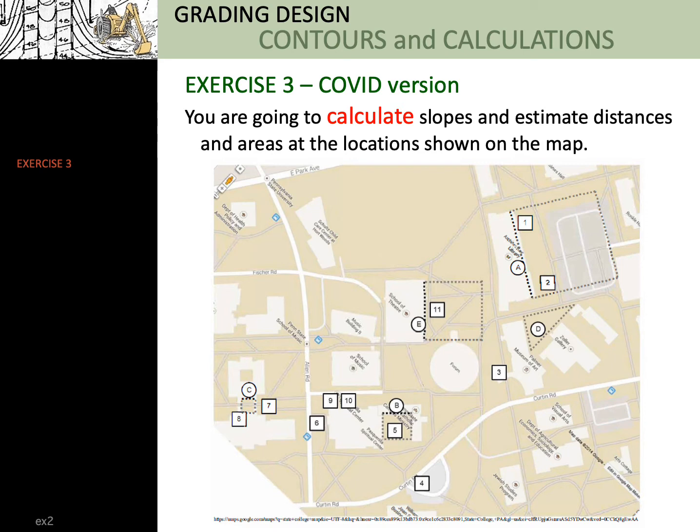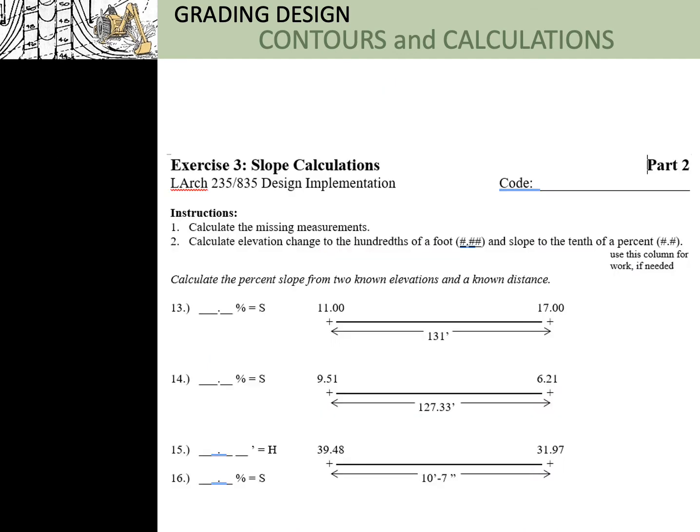So there are in total about 11 locations where you are to either calculate or estimate slope, distances, or areas for these 11 locations. The second part is basically filling the blanks, calculate the missing measurements based on the provided parameters given to you.